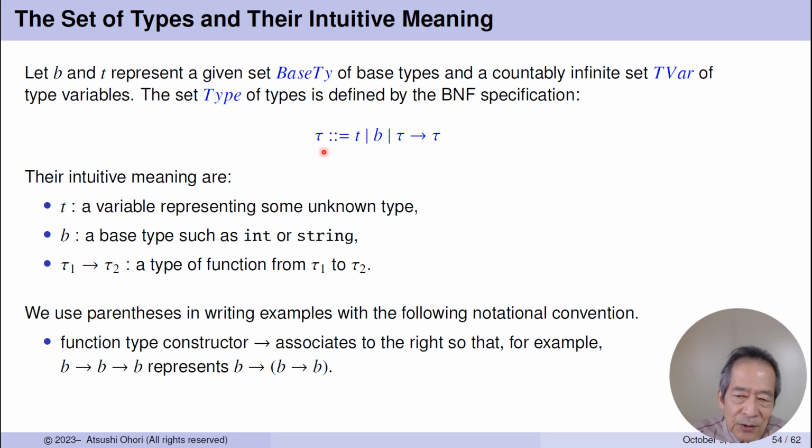And so we omit parentheses in this definition. However, in writing examples in string notation, we of course use parentheses to delimit the structure and disambiguate. And also use the following notational convention, namely function type constructor, this arrow associates to the right, so that, for example, this sequence of symbols represent this structure. Right? So this is a definition of the set of types.